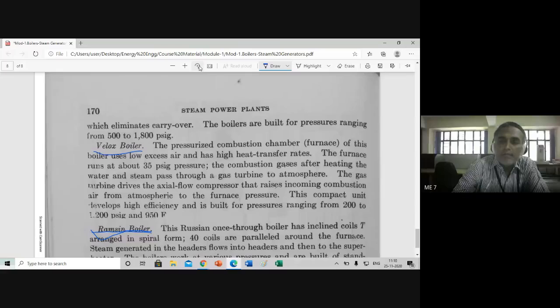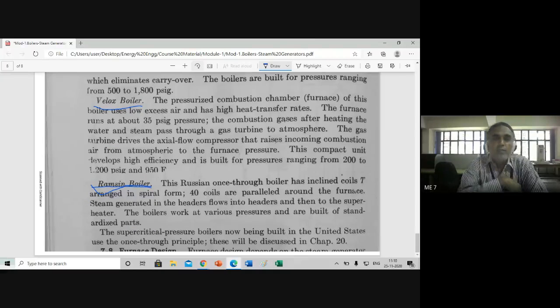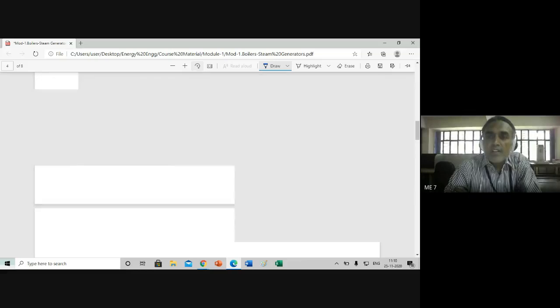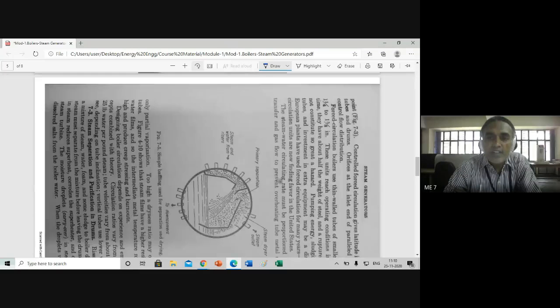These are the different boilers, six boilers they have mentioned in your syllabus. Now let us look one by one at what the difference is and how each functions.